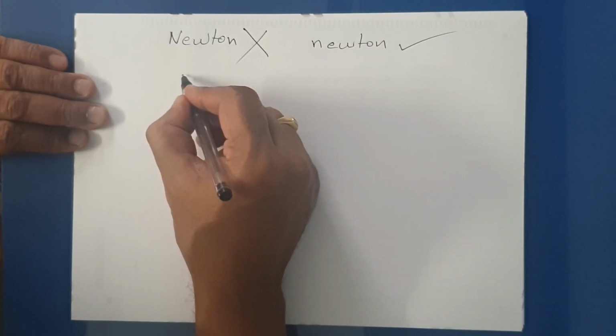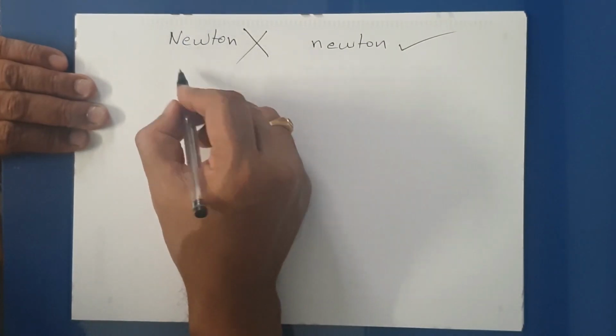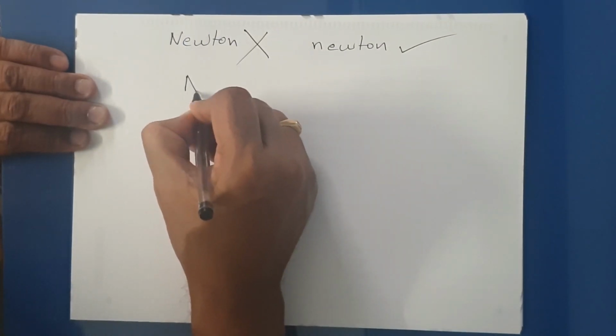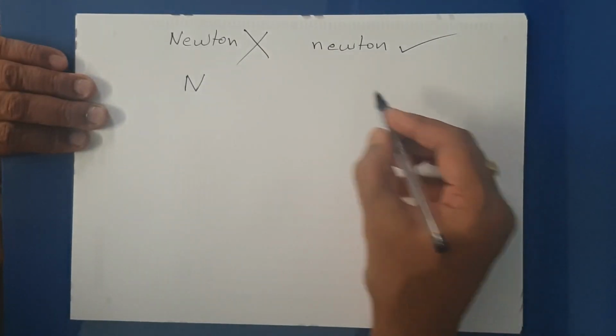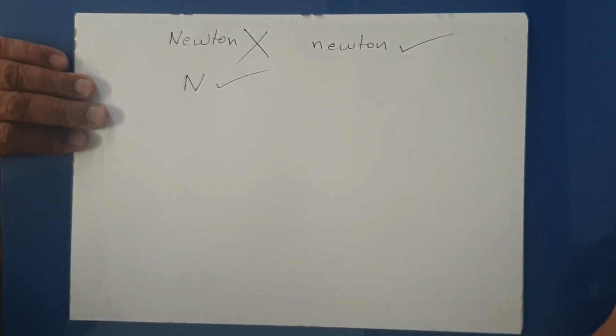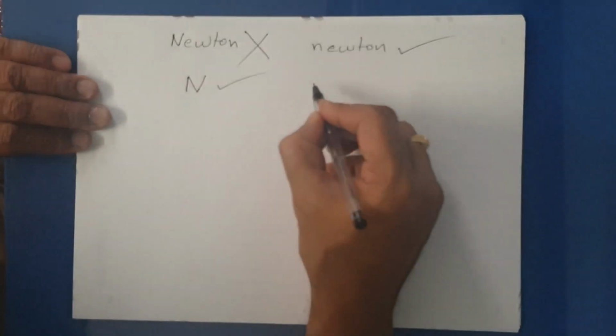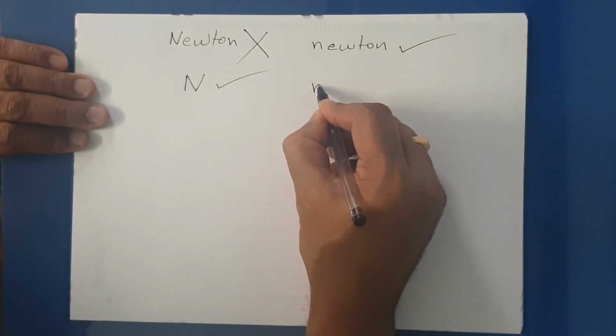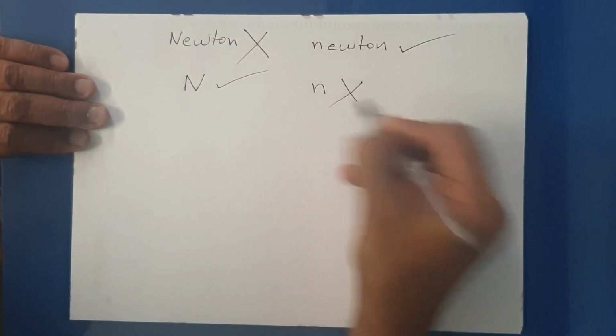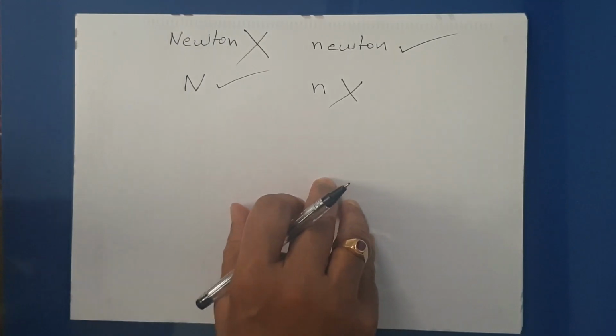Or the first letter of the symbol has to be represented in capital. Representing Newton by small n as a symbol is wrong. So what have we learned here?